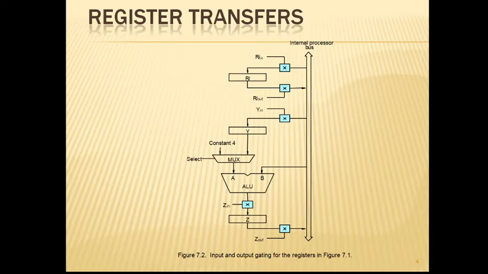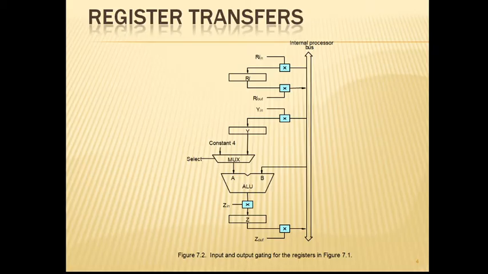If Ri in is set to 1, the data on the bus are loaded into Ri. Similarly, if Ri out is set to 1, then the contents of Ri will be placed onto the bus. If Ri out is equal to 0, then at that time the bus can be used for transferring data from other registers.